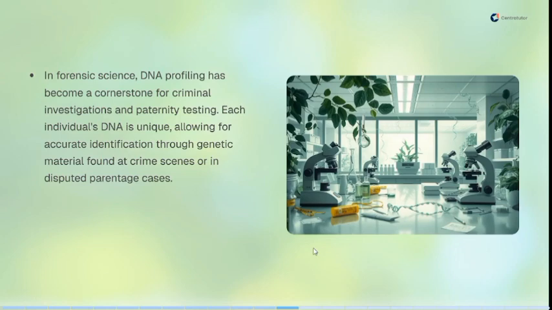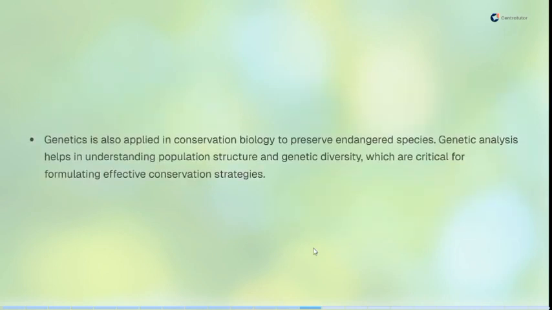It allows for accurate identification through genetic materials found in crime scenes and also through genetic materials found in parents. So it can be used to predict the real parents of the offspring. Genetics is also applied in conservation biology to preserve endangered species. It's usually used to preserve species like some species of gorillas, even lions.